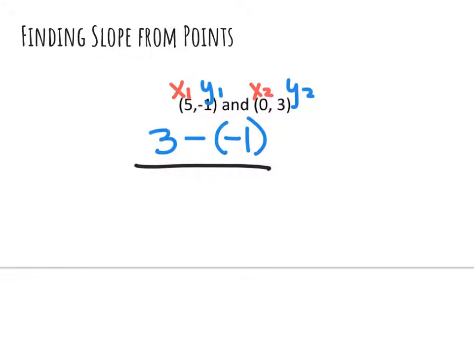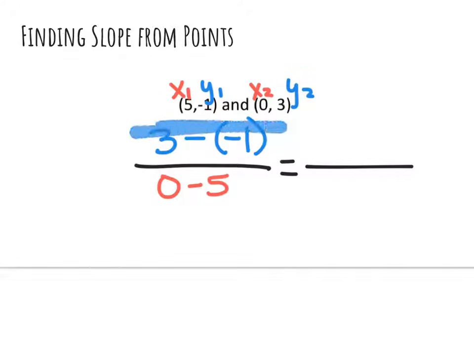Over 0 minus 5. If we think back to integer operations, we can go ahead and LCO our top portion of our slope. And we know that 3 minus a negative 1 is really 3 plus a positive 1. And 3 plus a positive 1 is 4.